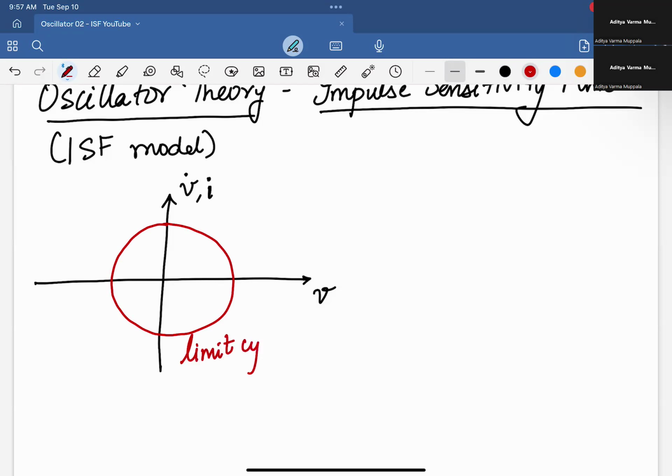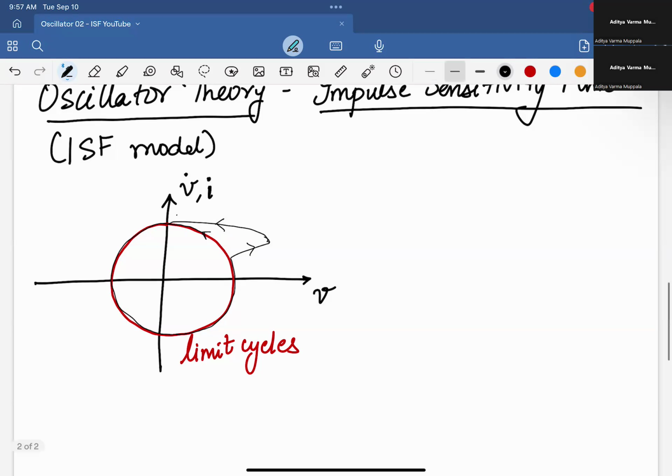If you haven't seen the previous video, you should definitely watch that before you jump into this. If you're going along this trajectory in this direction, we saw that any perturbation, let's say it's perturbed this way by some charge that's added into the system, then eventually this limit cycle will converge back onto itself. So it's a stable solution, and it only exists in two-dimensional or second order nonlinear differential equations, right?